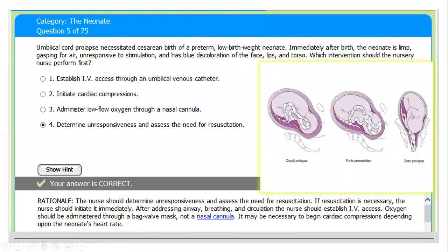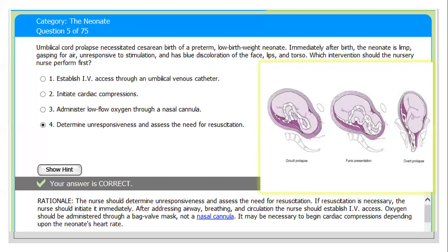So umbilical cord prolapse means the umbilical cord is a flexible, tube-like structure that, during pregnancy, connects the fetus to the mother. And the umbilical cord is the baby's lifeline to the mother. It transports nutrients to the baby and also carries away the baby's waste products, right?